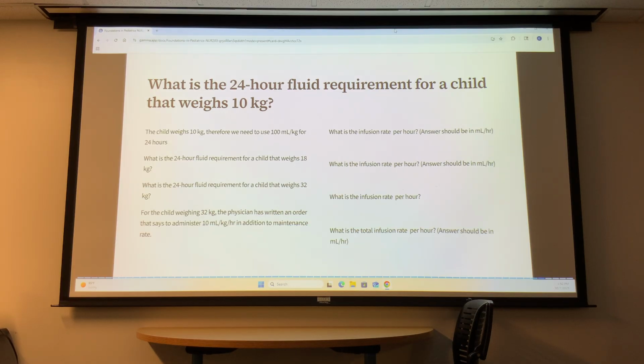So they weigh 32 kilos, and we're going to multiply 10 mLs per kilo. So you don't have to do anything with the 24. It is just their weight times an additional mLs per kilo. So 32 times 10 is 320.